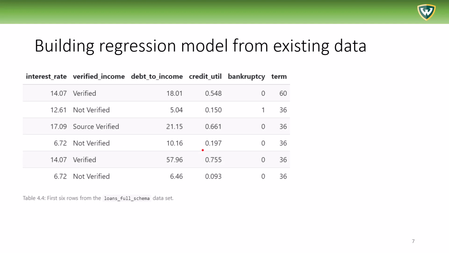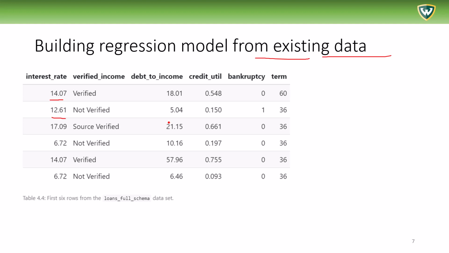So let's note that when we're building a regression model, we're building it from existing data. So in the case here, when we're talking about loans and the interest rates of loans, this is a decision that banks make for people. The bank will decide the interest rate of somebody's loan.